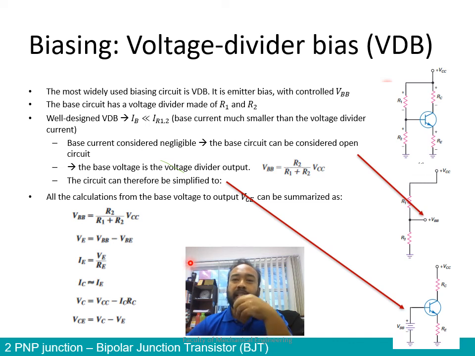In base bias, we are sensitive towards the variation of IB, so we can be placed anywhere inside what we just called the load line. In order to avoid that, we can use our transistor in what we call emitter bias. And to have more control in emitter bias, we can use the VDB, or voltage divider bias.